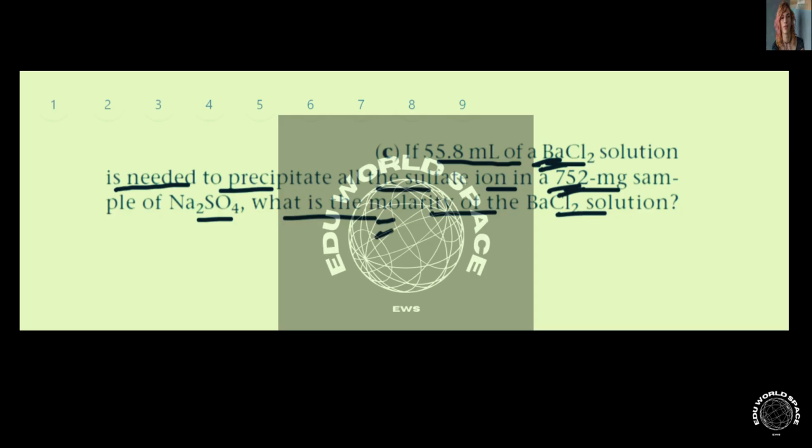So first we'll find the number of mole of Na2SO4, which will be the mass over molar mass. So 752 milligram is 0.752 gram over the molar mass of sodium sulfate, which is 142 gram per mole.